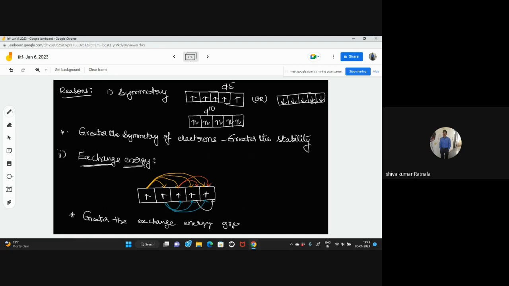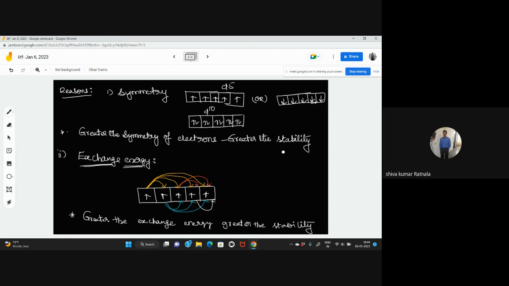Greater the exchange energy, greater is the stability. So by taking these two reasons only, half filled or completely filled orbitals will always be more stable.